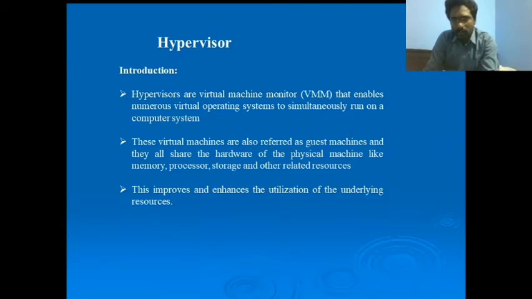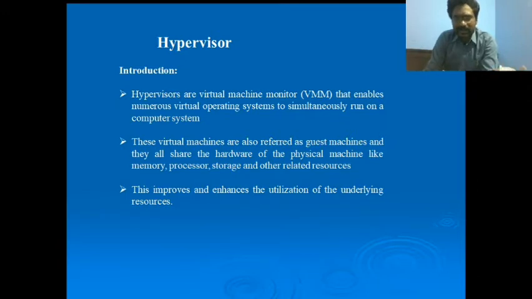In order to simultaneously run all the operating systems in a single computer system, VMware plays a role here to share the hardware, memory and related resources, which makes the hypervisor function efficiently.